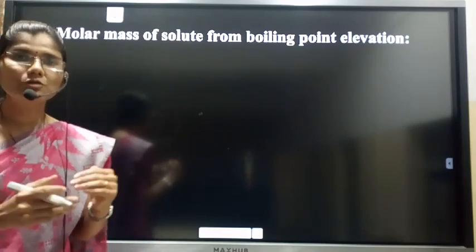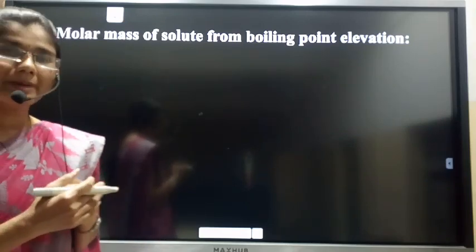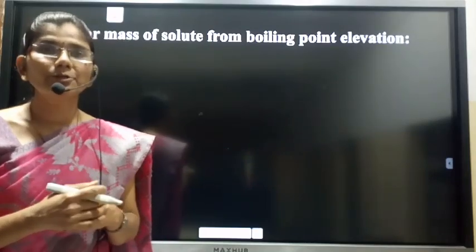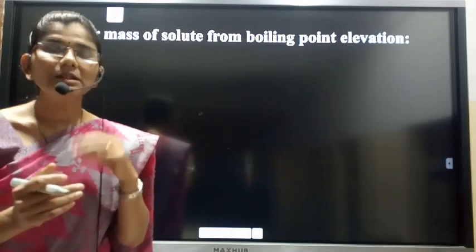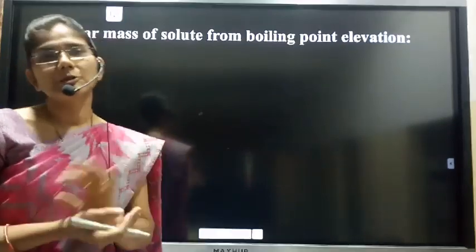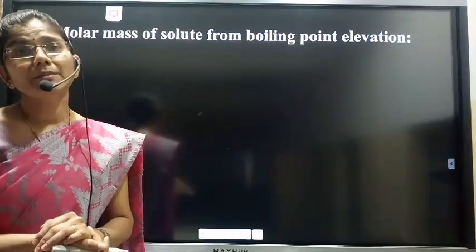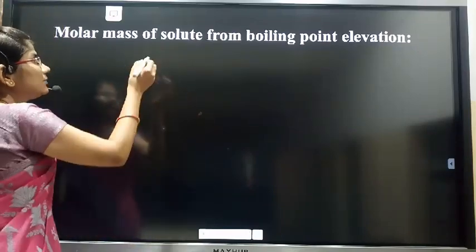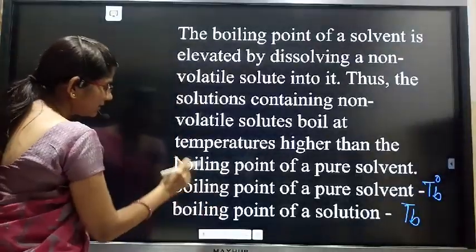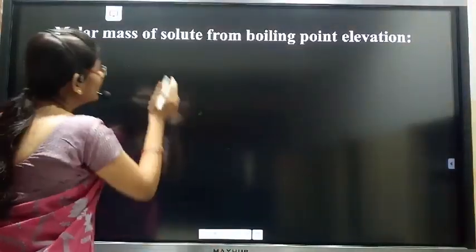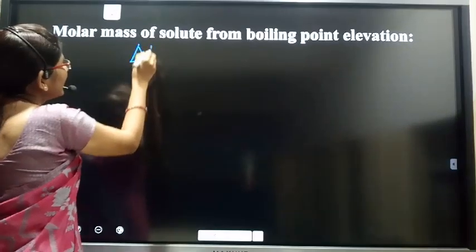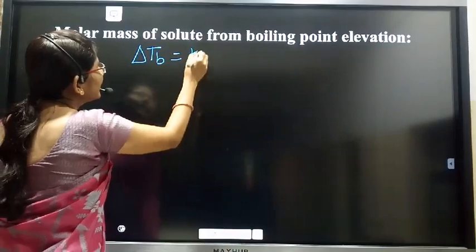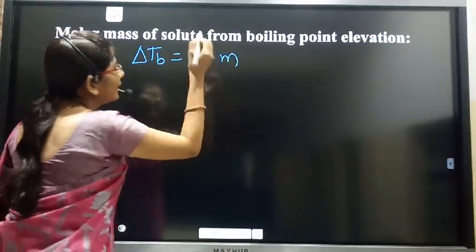Because the main application of all these colligative properties is that, from this property, we have to calculate the molar mass of the solute. So we have to start with, as we know, delta Tb, which is equal to Kb into m.